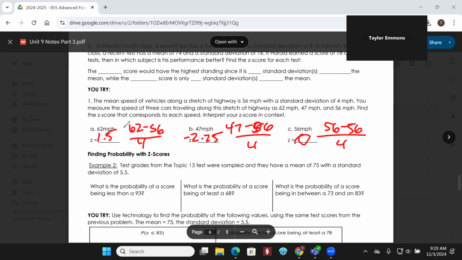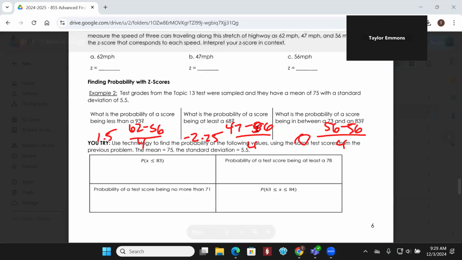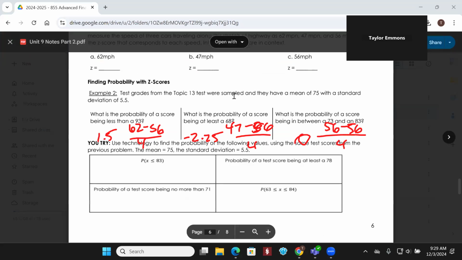Test grades from topic 13 tests were sampled and they have a mean of 75 with a standard deviation of 5.5. What's the probability of a score being less than 93? All right, so first you have to find the z-score.